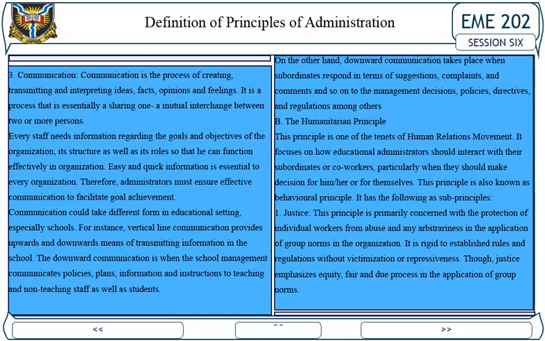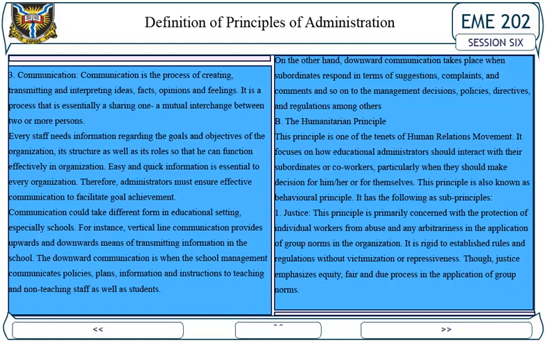For instance, vertical line communication provides upwards and downwards means of transmitting information in the school. The downward communication is when the school management communicates its policies, plans, information, and instructions to teaching and non-teaching staff as well as students.